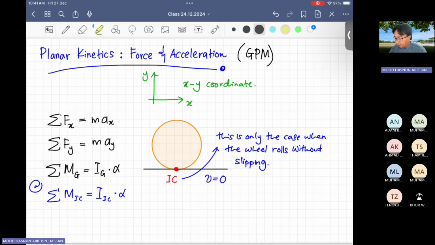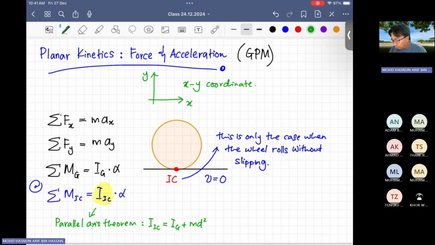And for this, you need to get the IIC. This is standard, we need to use the parallel axis theorem to calculate IIC, which is given by IIC equal to IG plus md square, where d is basically the distance between IC and point G. That is the parallel axis theorem.